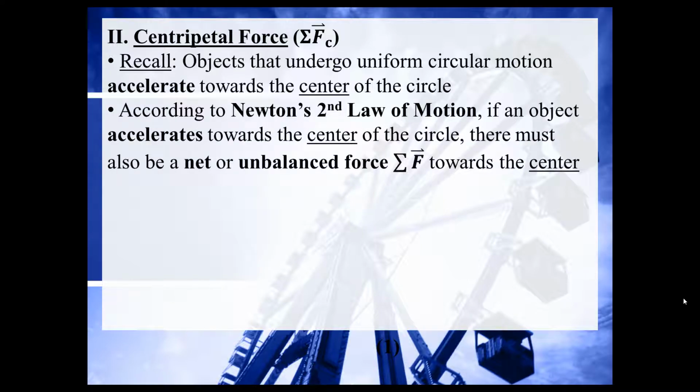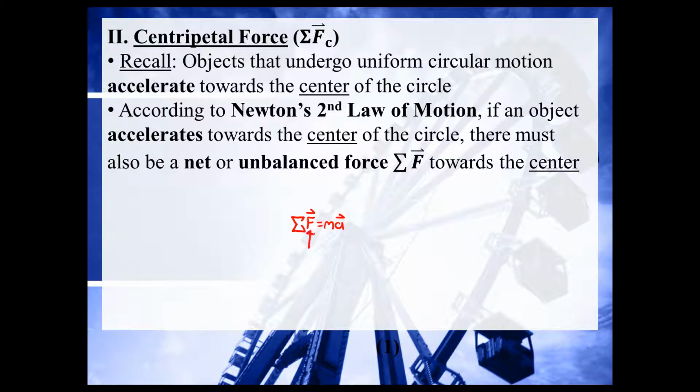If we go back to Newton's second law of motion, it tells us that if we have an unbalanced force in one direction, there must be acceleration in that exact same direction. So if we write down Newton's second law of motion in a mathematical format, we know that equation is sigma F is equal to mass times acceleration.